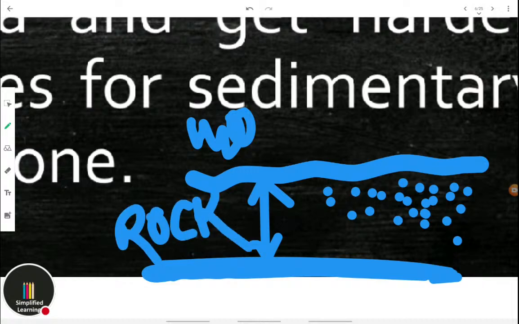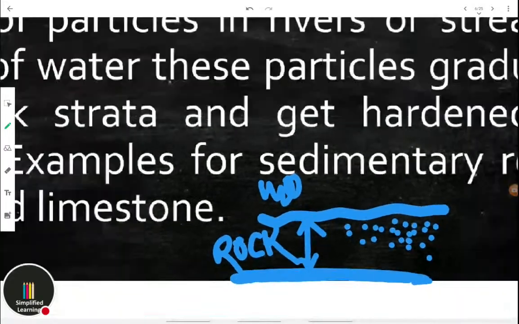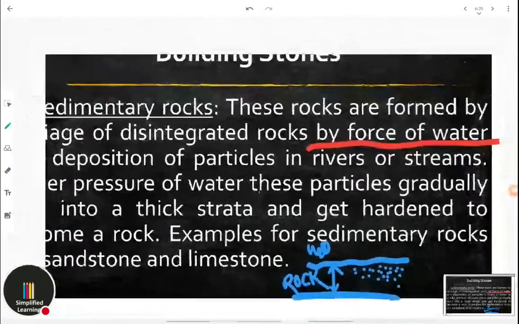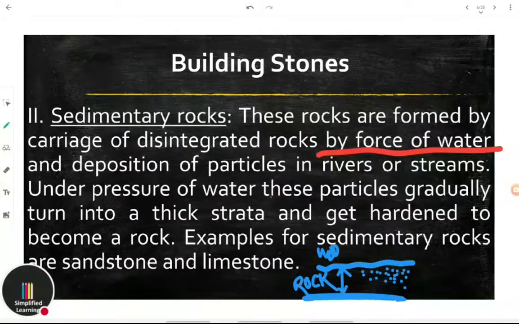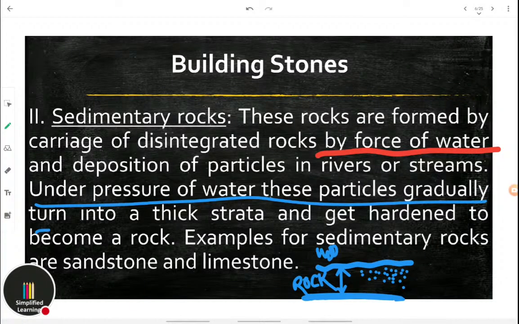Since the hydrostatic and hydrodynamic pressure of the river is so high, the loose particles will settle upon each other to form a stratified rock. This specific rock is called sedimentary rock. Sedimentary rocks are usually found in beds of rivers or streams. The pressure of water gradually turns these particles into thick strata.